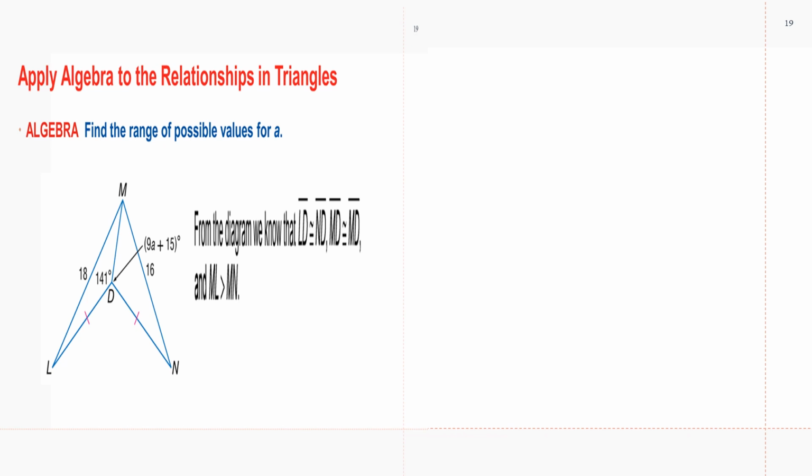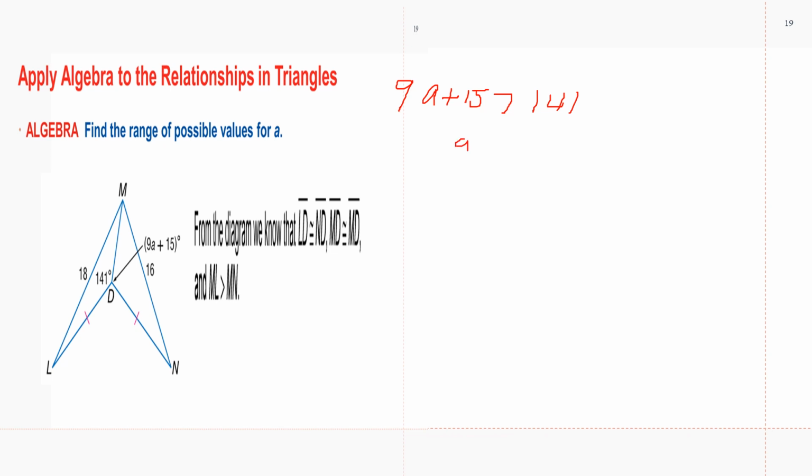Okay, using algebra here, we can find the value of A. Find the range of possible values for A. Since we only need to find A, it's up to you if you want to get the other one. We could say that this angle is greater than this, so we have greater than 141.